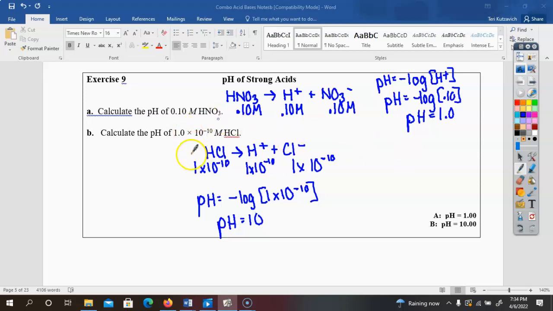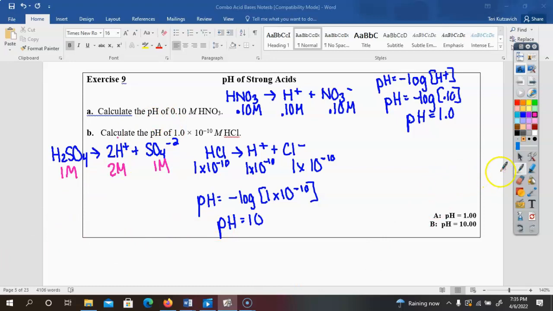What if it wasn't a monoprotic acid? What if you had H2SO4? What if it decomposed into 2H plus and SO4 minus 2? Hypothetically, what if this was 1 molar? Well, you have double this, so this would be 2 molar, and that would be 1 molar. You have to pay attention to those coefficients, stoichiometry.